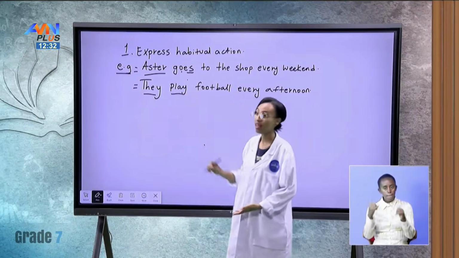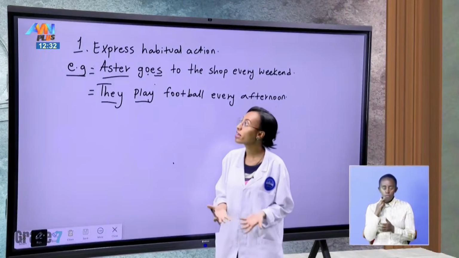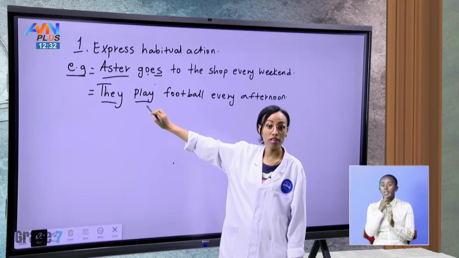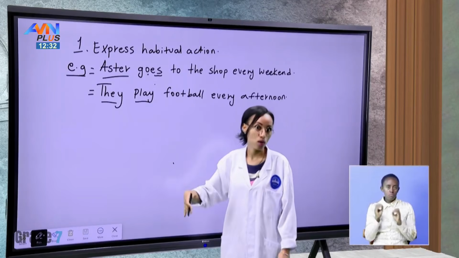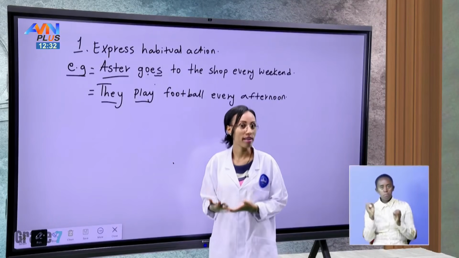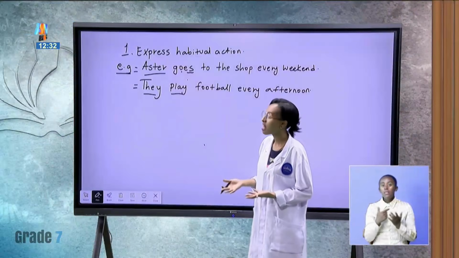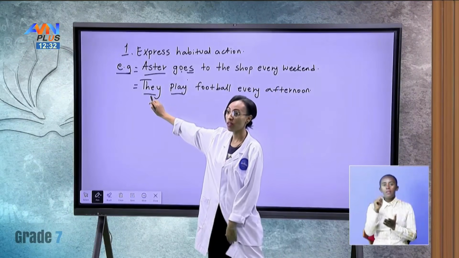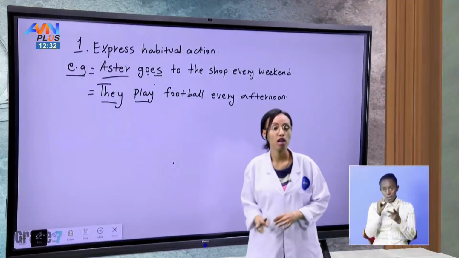Play is our verb. Unlike the first example, the verb here does not add s or es. Why is that? Our subject here is they, the third person plural.